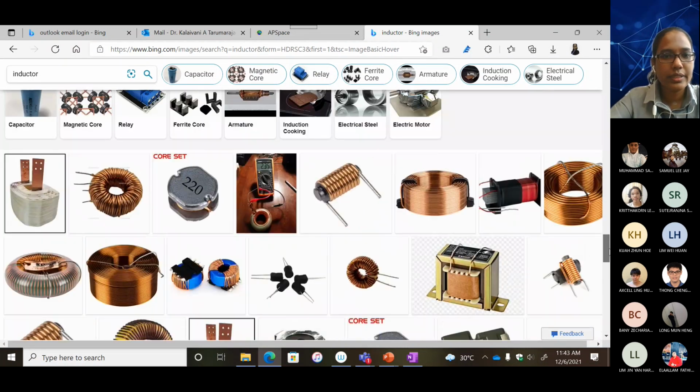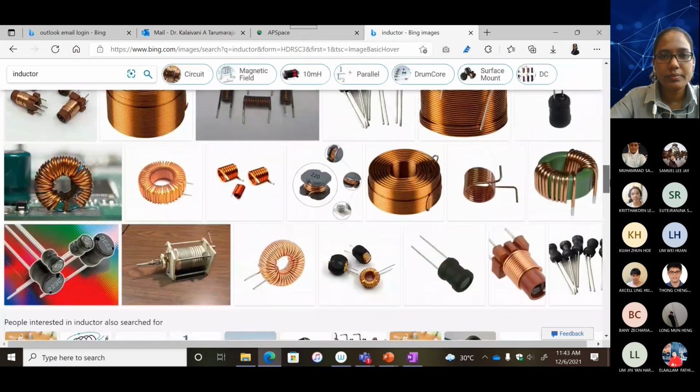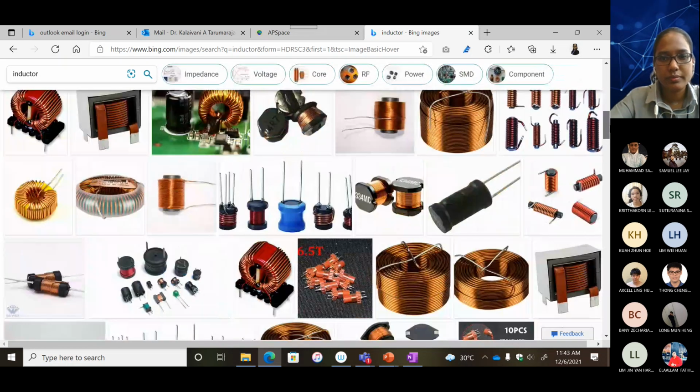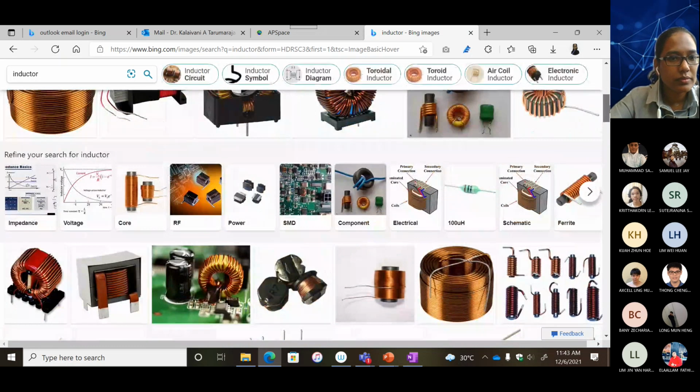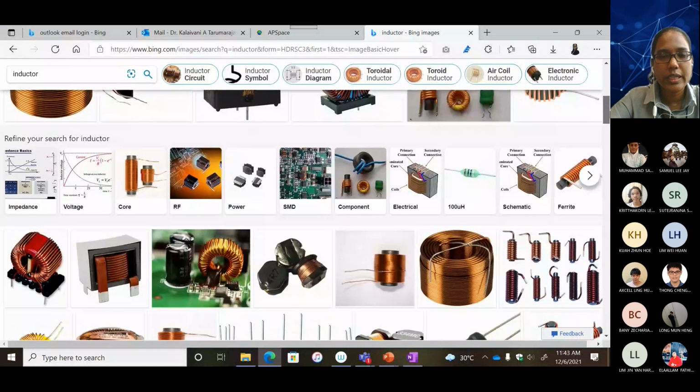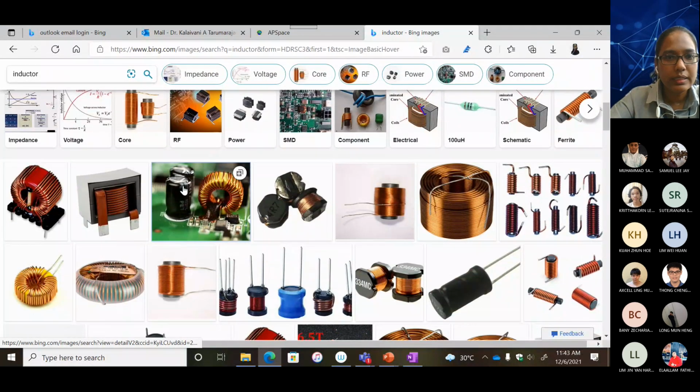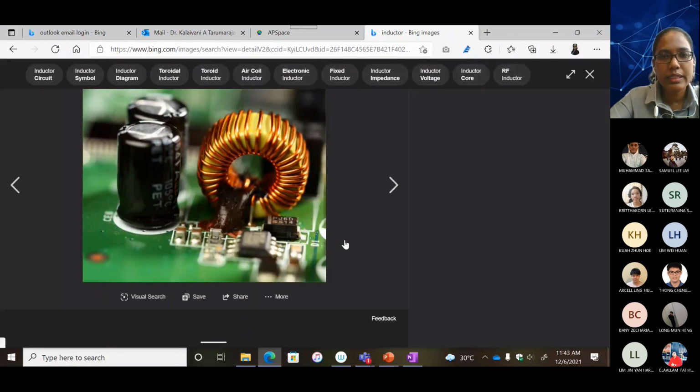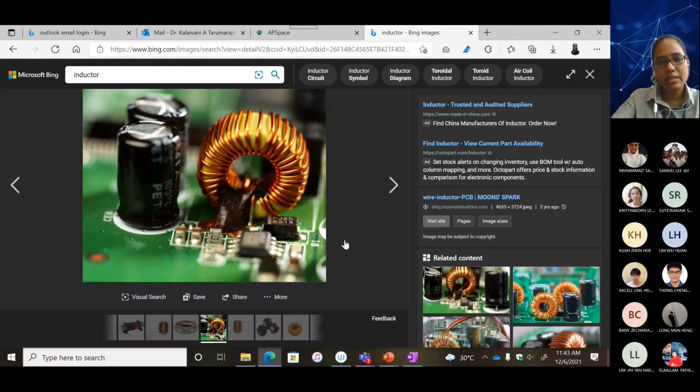Okay, I think that's so far what we have here. For example, just have a look at this one. They put this on the top of a PCB or your printed board. This represents an inductance value. The next one should be your capacitance.